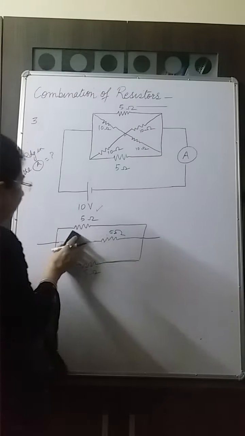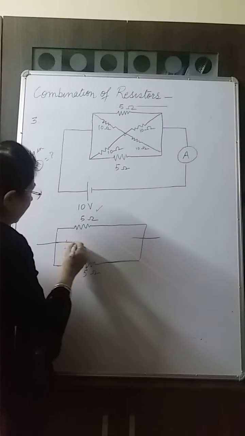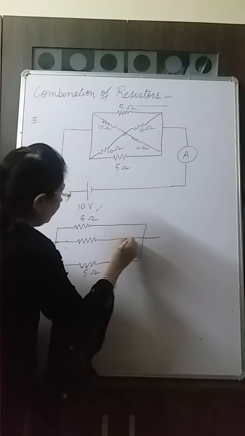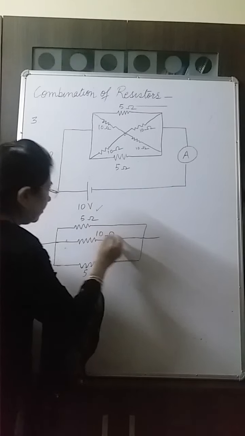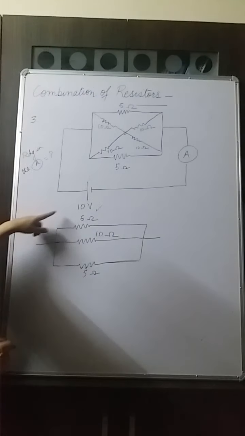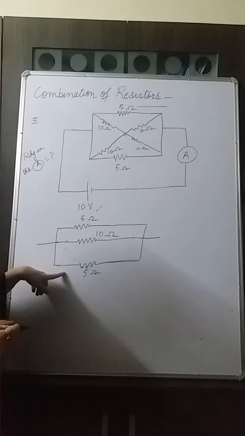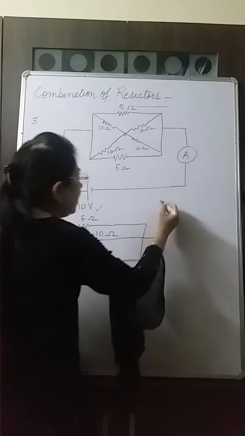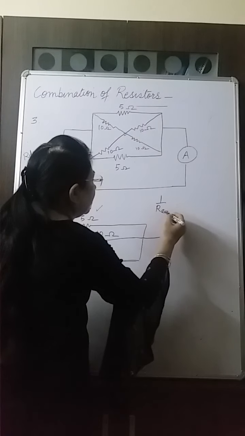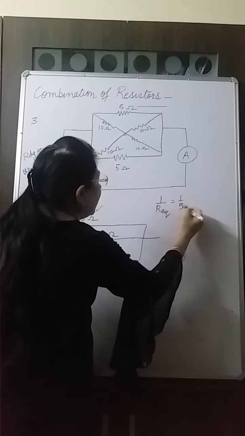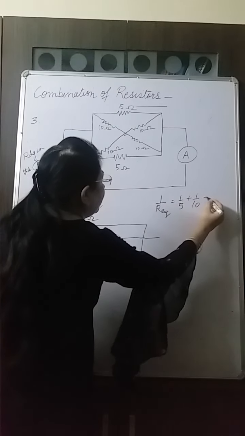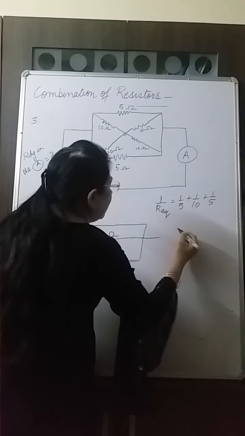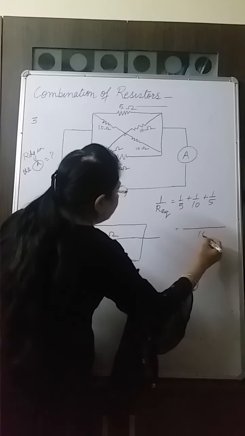So let me redraw this. This will become 10 ohm. Now we have three resistors in parallel, 5 ohm, 10 ohm and 5 ohm. So the equivalent resistance will be 1 upon 5 plus 1 upon 10 plus 1 upon 5. Let us take LCM.